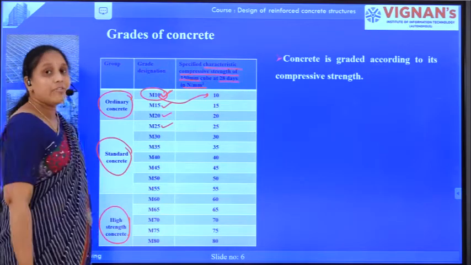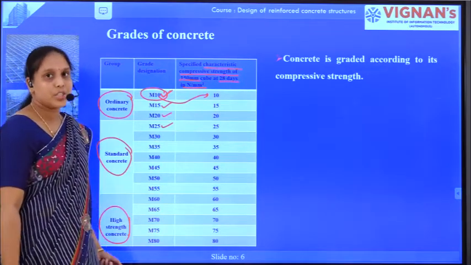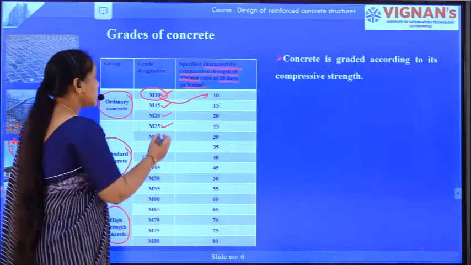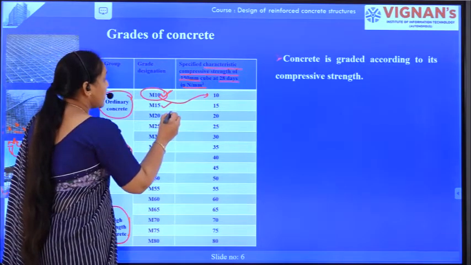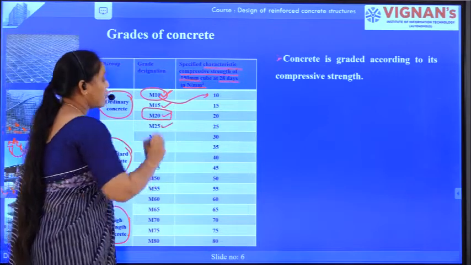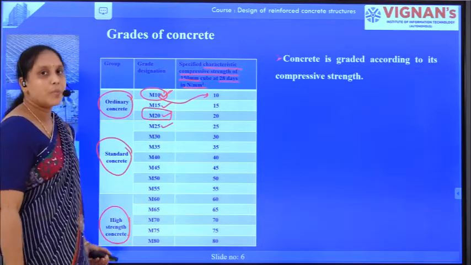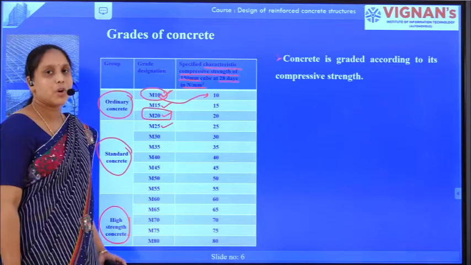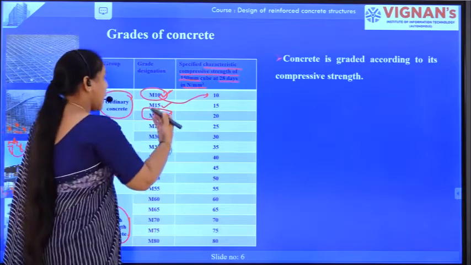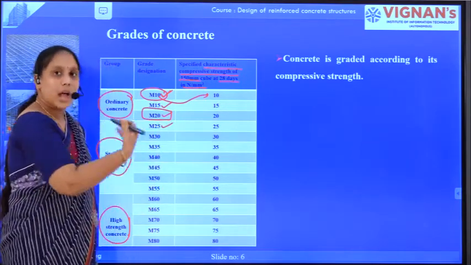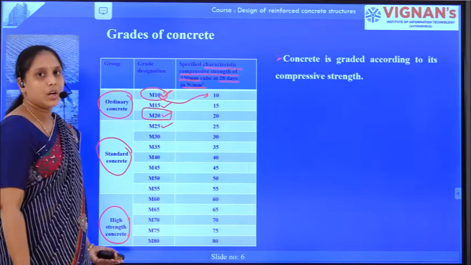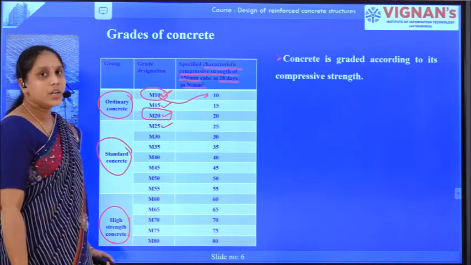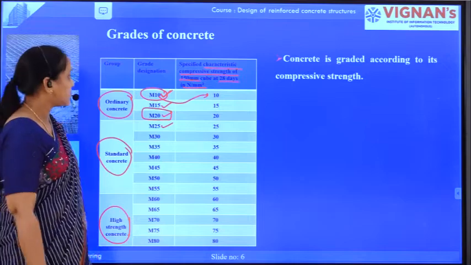Generally, for the design of reinforced concrete structures, a minimum of M20 grade of concrete should be used. So the minimum grade of concrete for reinforced cement concrete structures is M20, and above that also we can use higher grades for RCC structures.